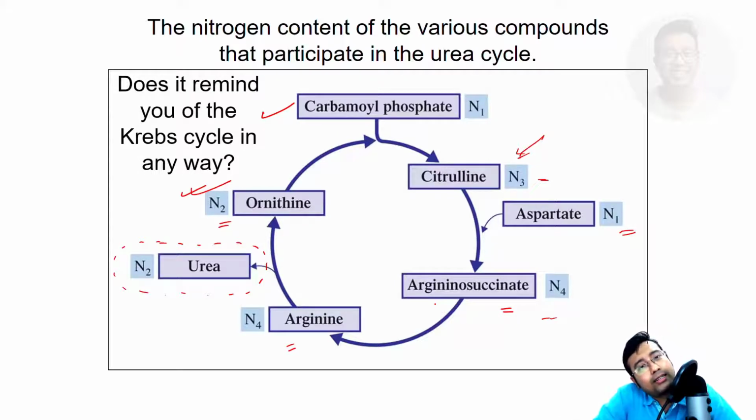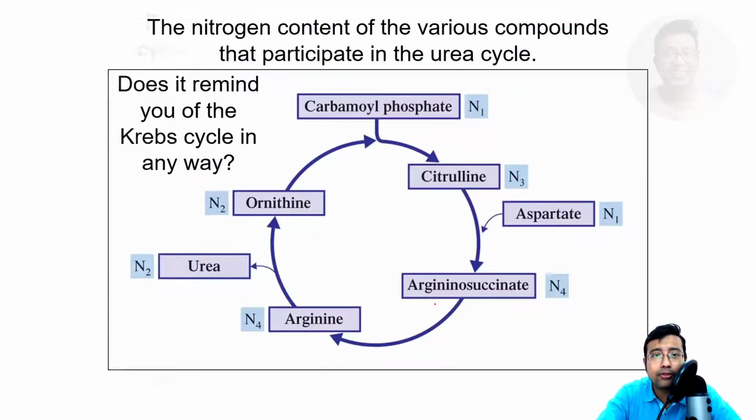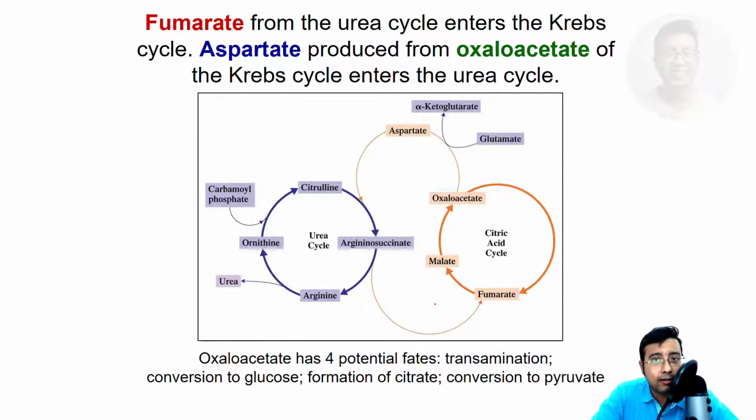So the point is, it looks very similar to another cycle, right? If another cycle which you have read in carbohydrate metabolism is coming to your mind, you are absolutely right, because the Krebs cycle and urea cycle are very closely related. How?